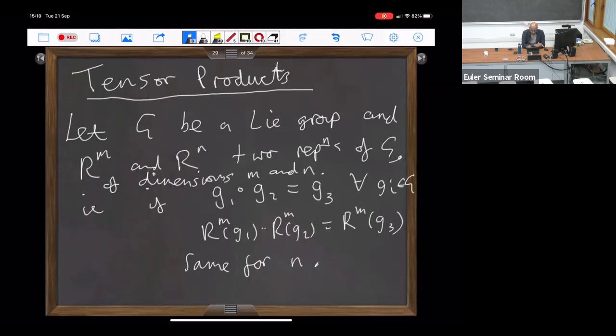So what that means, we've talked about the algebra representations. Here I'm talking about group representations now.